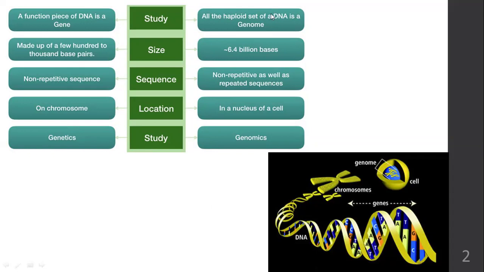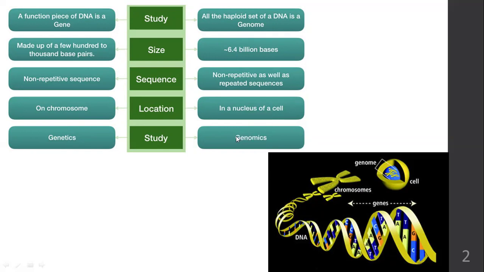When it comes to genome, the entire haploid set of the DNA is a genome. Genome is found inside the cell. So far what we know is around 6.4 billion bases in the genome. It can be much more than that. It is also non-repetitive, and it is found in the nucleus of the cell.